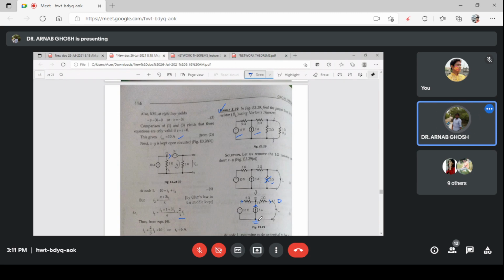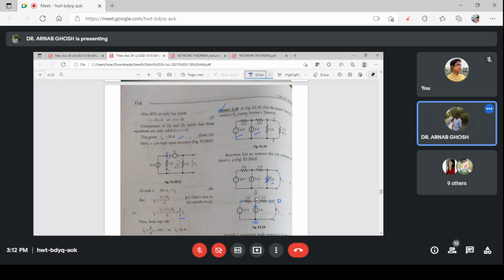This terminal is 0, this entire part is short circuited, so this point will have a voltage of 0. ISC current is flowing through this, so your ISC will be V minus 0 by 2.